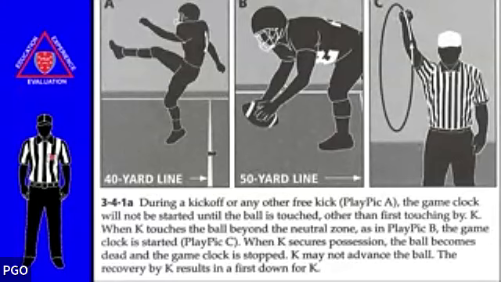So the clock starts if anyone touches the ball, unless it's first touching by K. And first touching only applies between the 40 and the 50-yard line, or wherever that 10-yard buffer zone is. So once it goes past the 50-yard line, and K touches the ball or muffs it, it will wind the clock. However, if they possess it, then we're going to kill it.